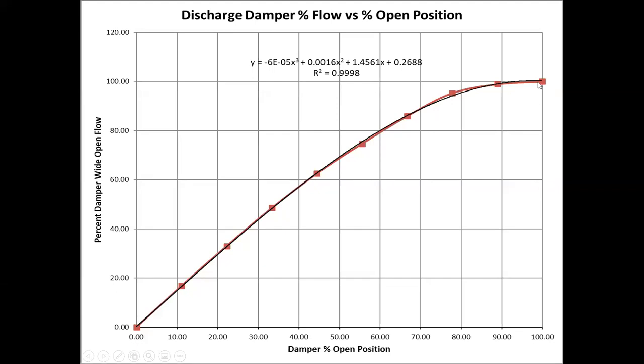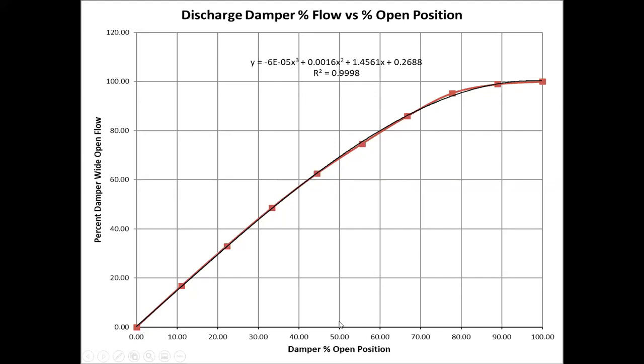Now, it depends on the configuration of the damper: opposed blade, parallel blade, horizontal, vertical, how the ductwork's connected. So you can get a lot of different curves. This is presented as a typical curve, not that it's going to fit any one particular application perfectly. But for example, you need to note this.